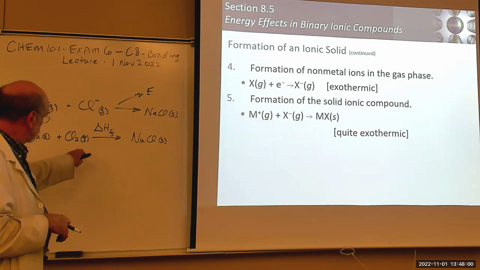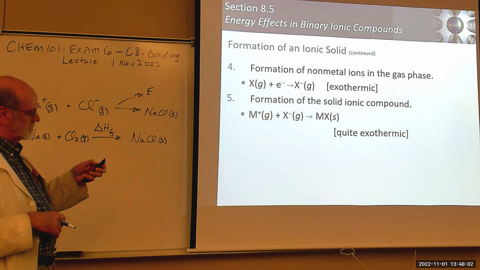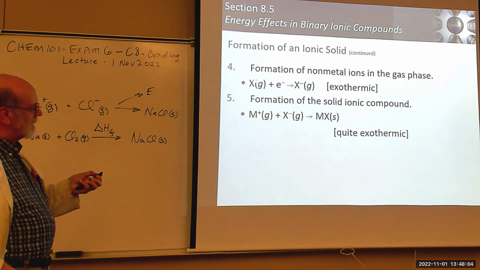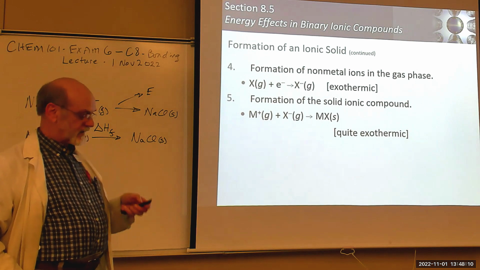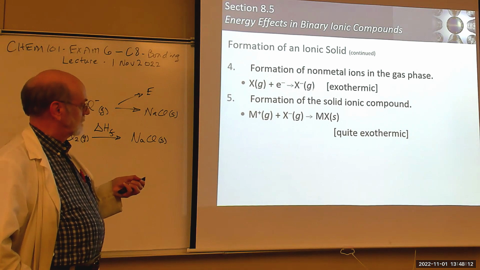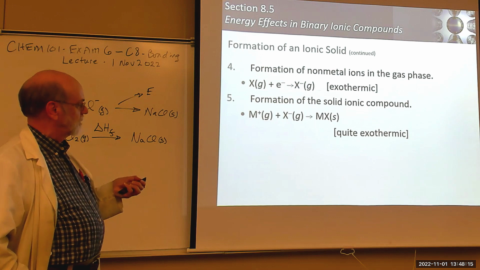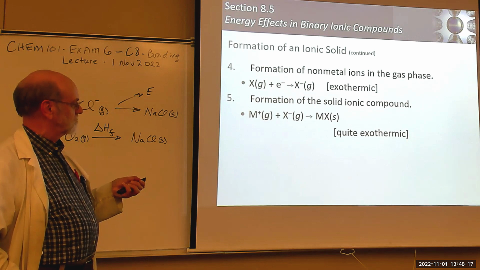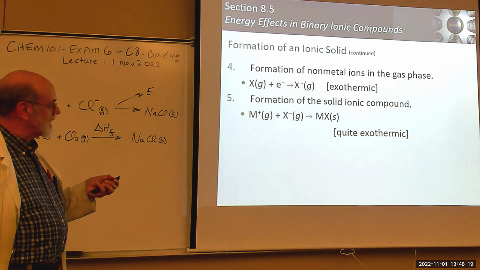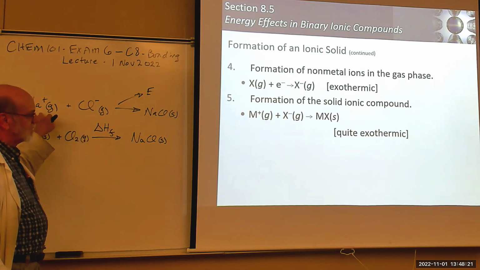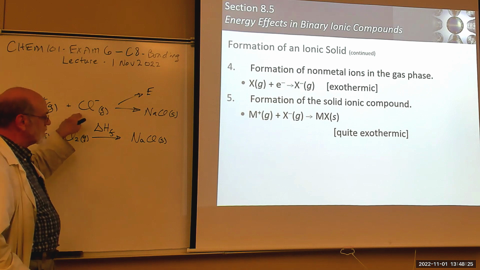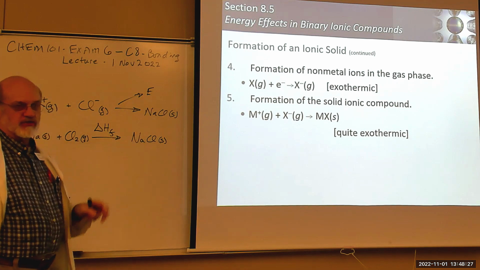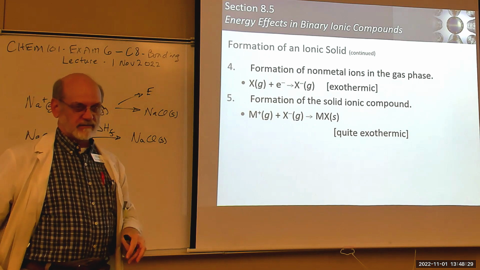Then we take the single atom and attach an electron to it. That's exothermic. This is electron affinity. Recognize that equation? Electron affinity. So this is exothermic. Now we've got this ion and that ion, and we bring them back together. That process going from here to the solid is extremely exothermic.